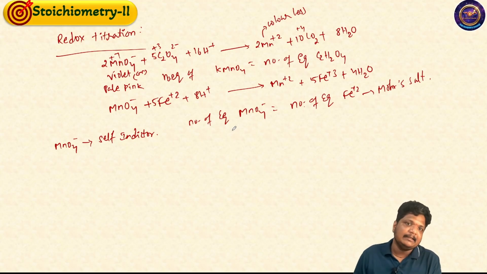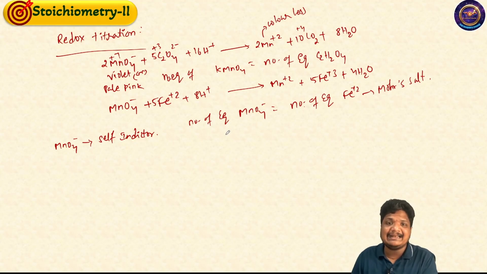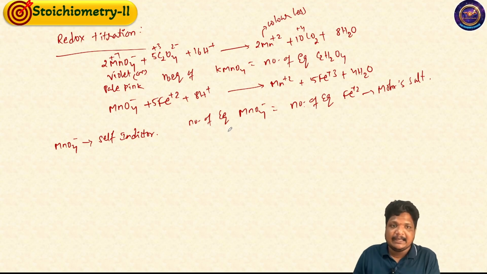Here this violet colored potassium permanganate reacts with oxalic acid or Mohr salt, so it is converted into colorless Mn plus 2. After completion of the titration, there is an increase in concentration of Mn plus 7 ions in the solution, that means potassium permanganate in the solution, which denotes the pale pink or violet color.